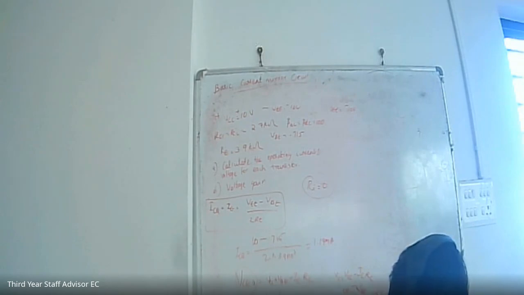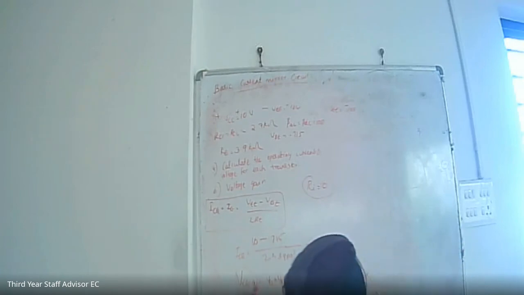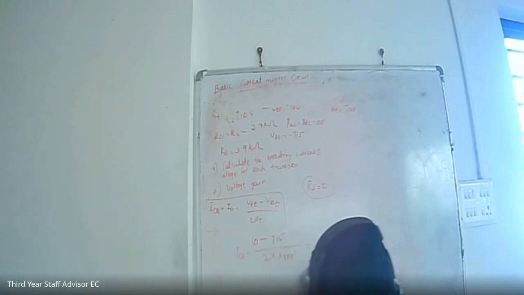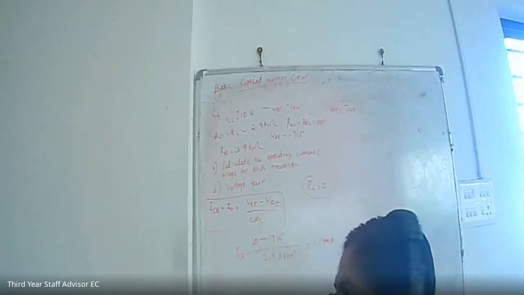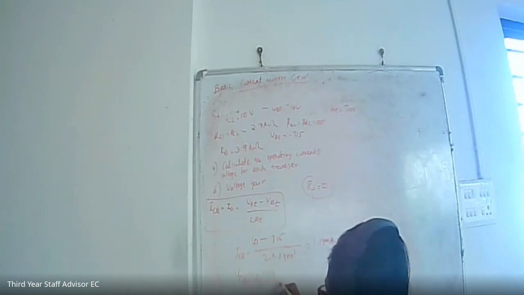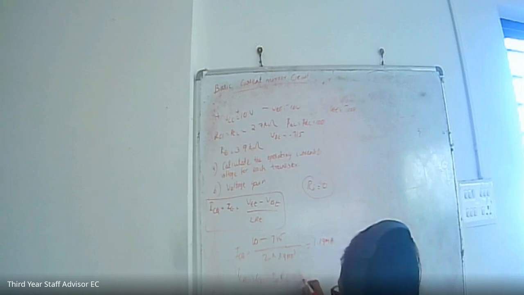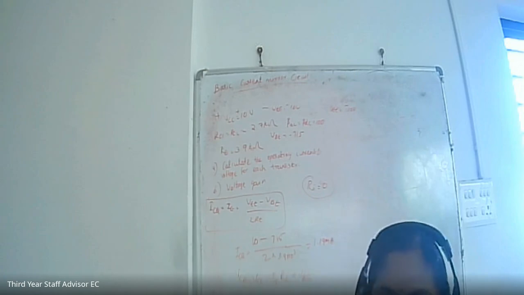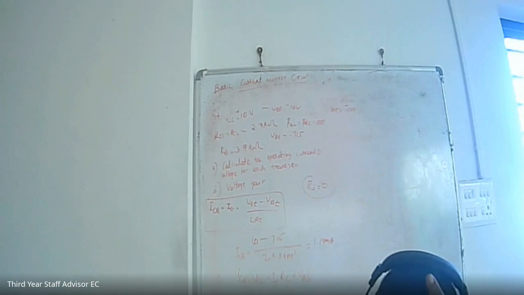In both cases the equation is the same, so the VCE equation and the VCEQ equation are the same. Simply you can write VCE equal to VCC minus ICRC plus VBE. So this is the VCE equation.